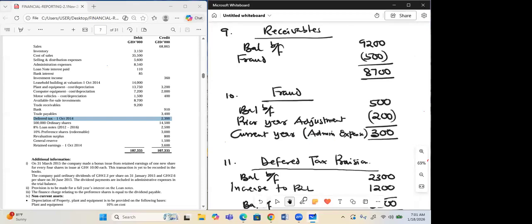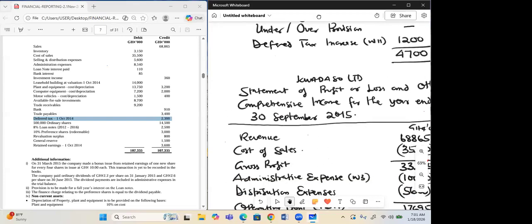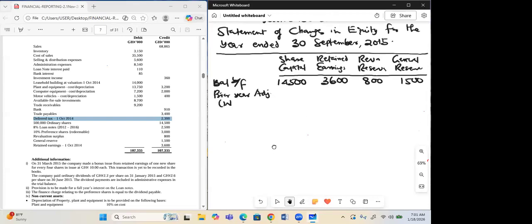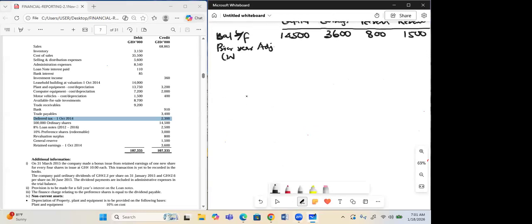The prior year adjustment was 200. So we take it out of the retained earnings. Is that clear? Yes, please.